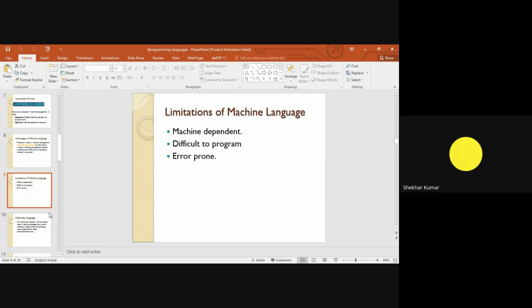So it is very time consuming to develop a new program with the help of machine level language.